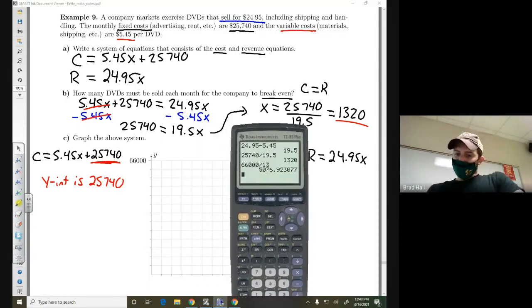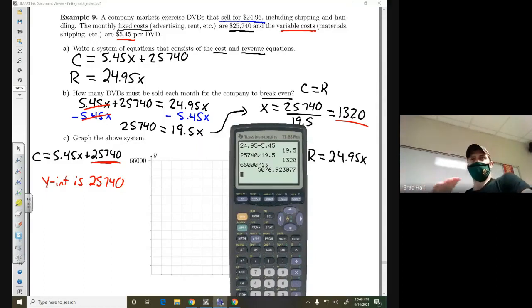So they go by roughly increments of 5,000, a little bit more. Again, it doesn't have to be perfect, it's multiple choice. So 5, 10, 15, 20, 25, it'd be about right here. Close enough to 25,740.